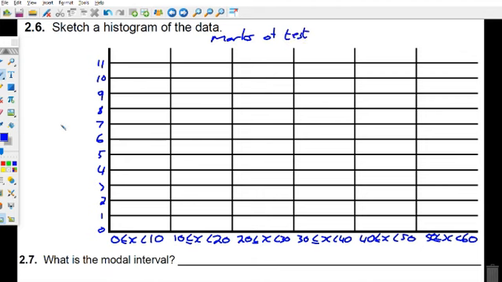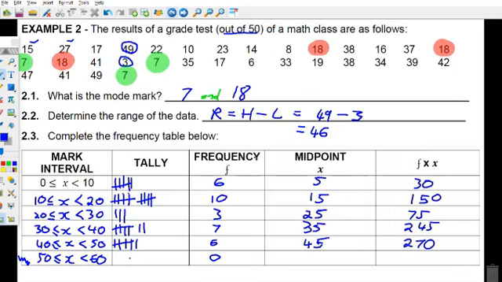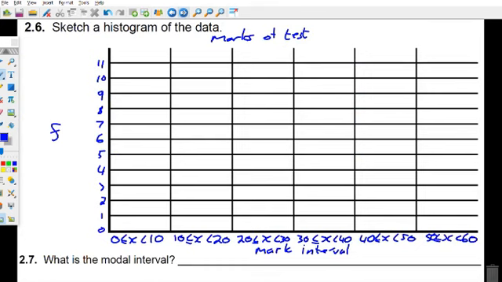Here we're showing the frequency, and then here, this is the marks interval. So in the first interval, how many people were there? The frequency was 6 in the first one over here.